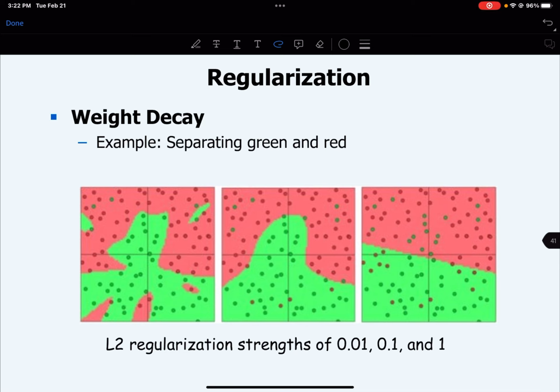And we have the target is to separate the green and the red areas. For L2 regularization with strengths of 0.01, 0.1 and 1, we can see the different strengths.